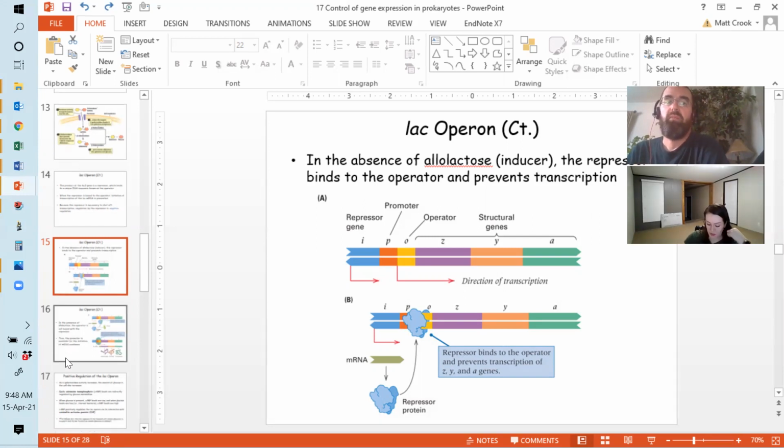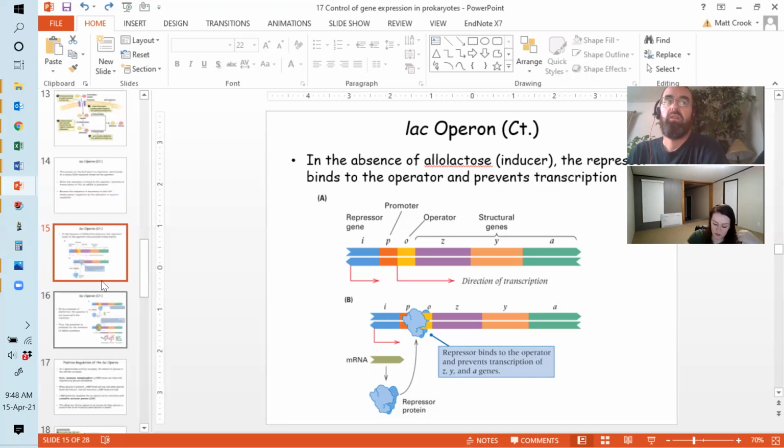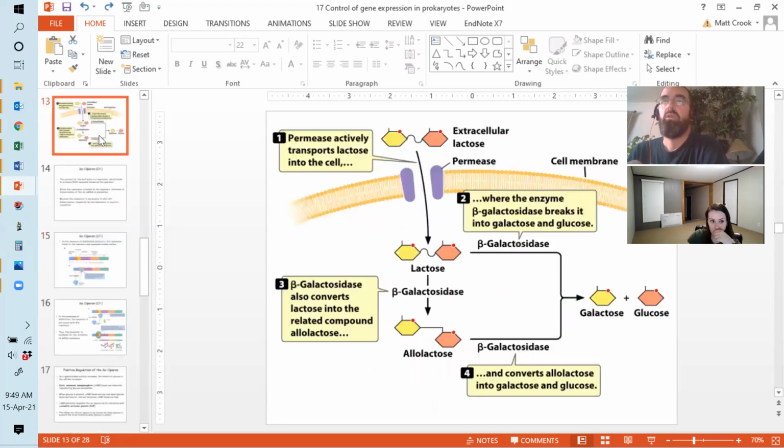Now, as you can imagine, once you start producing a lot of this, which will be if you are in the presence of lactose, through the action of the products of the lac operon, you'll import lactose into the cell, you'll turn that lactose into galactose and glucose. Glucose levels are going to start going up.